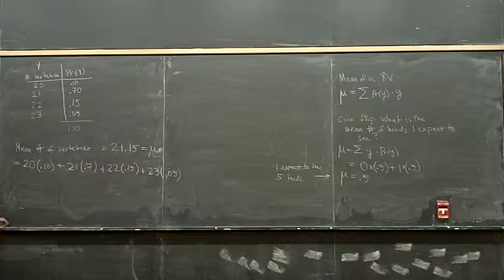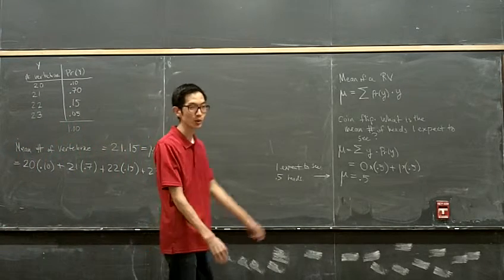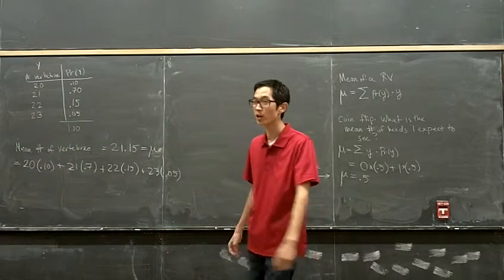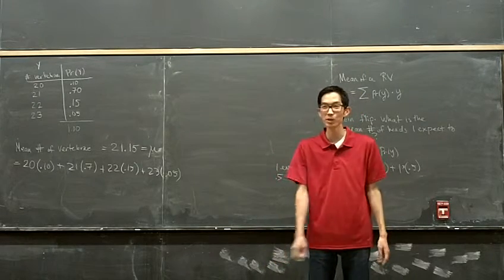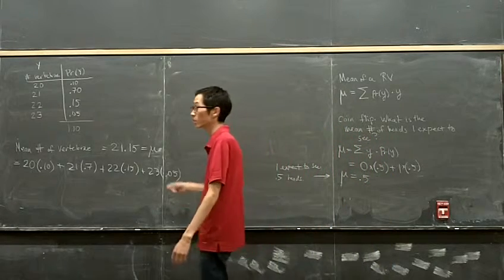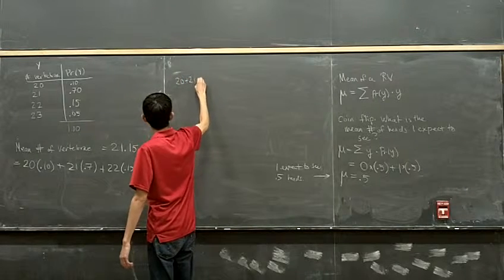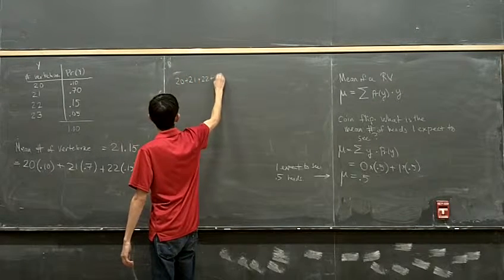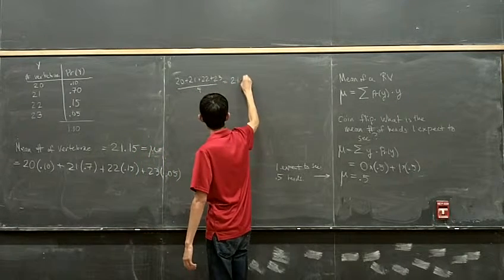Notice, if I just said there are 4 types of fish, some have 20, some have 21, some have 22, and some have 23, and to get the average I just add up the 4 numbers and divide by 4, I would not get the right answer. 20 plus 21 plus 22 plus 23 divided by 4 would give me 21.5.